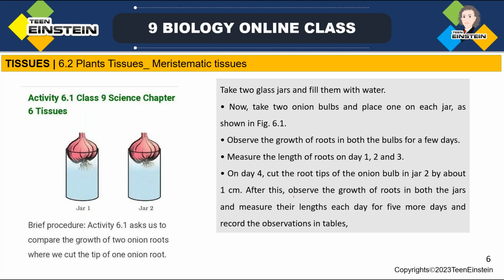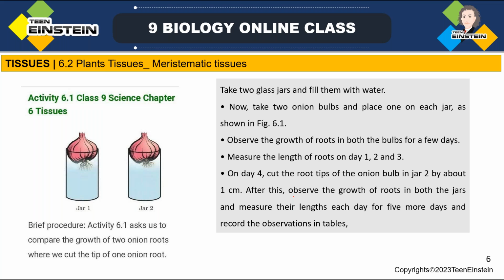For plant tissues, we have done an activity with the onion root tip. In 2 jars we kept 2 onion bulbs and allowed them to grow, and we observed the growth of the onion root. We need to measure the length of the root: first day, second day, third day.